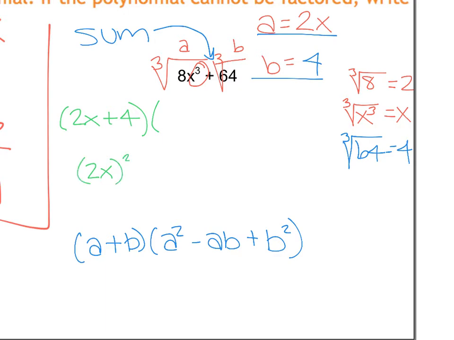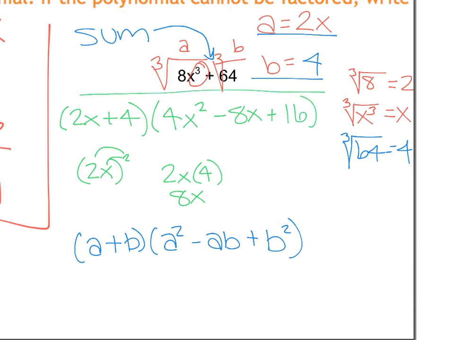If I square that, remember the 2 gets squared and the x gets squared. So I have 4x squared. And then the next part is minus, we're going to do a times b. So that's 2x times 4, which gives me 8x. Plus b squared, well, 4 squared is 16.